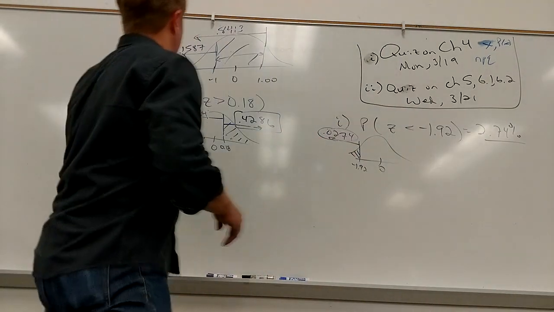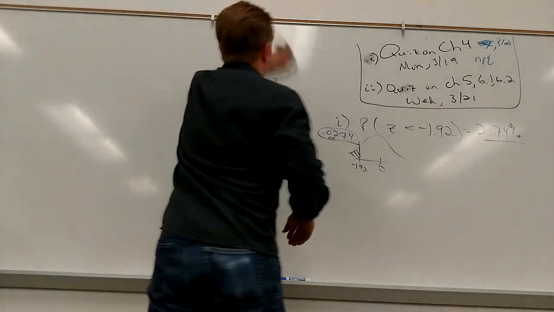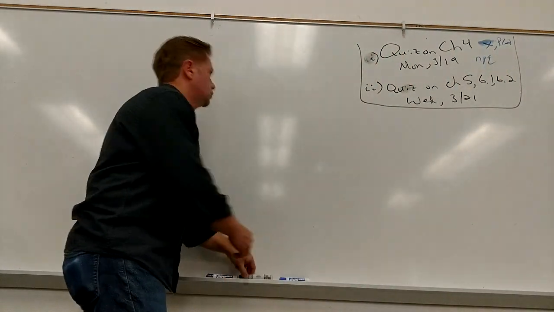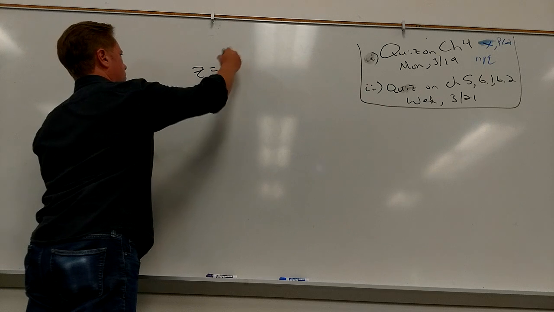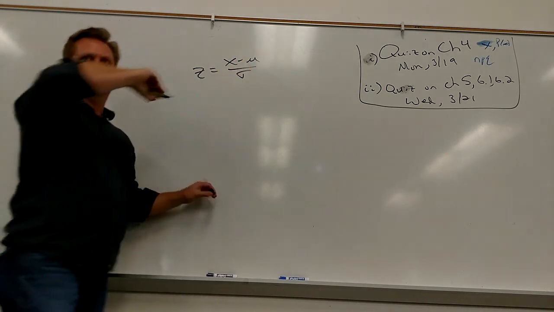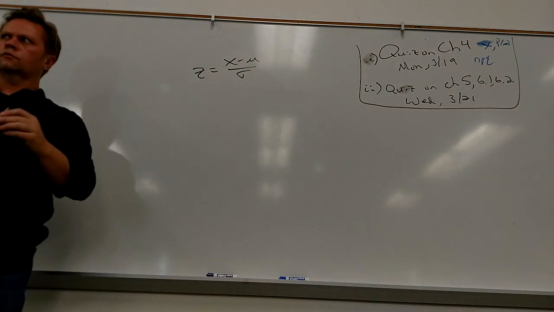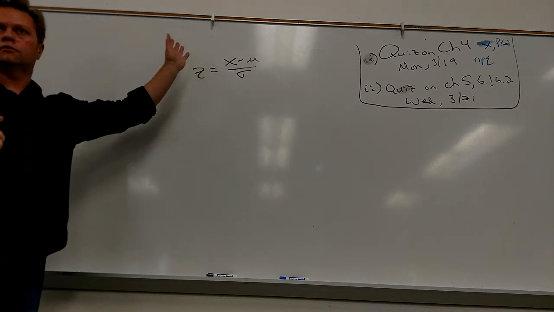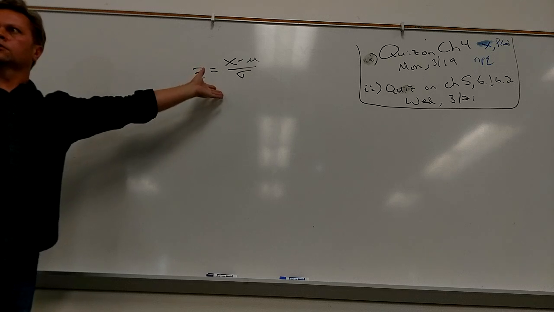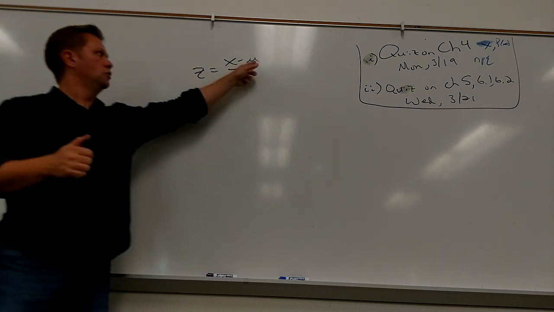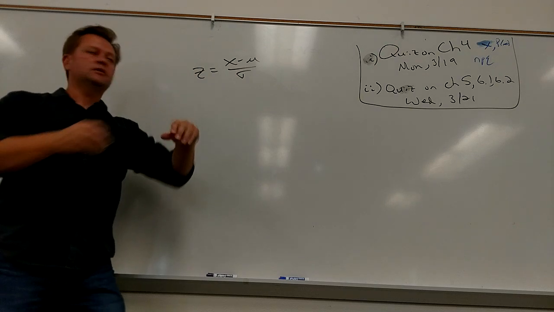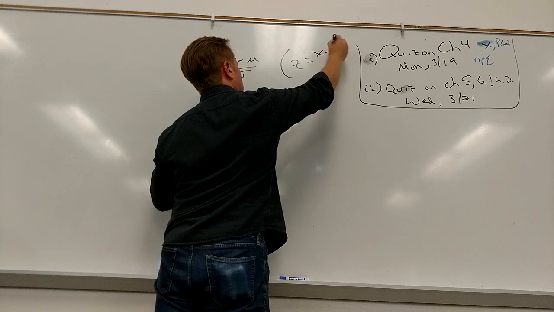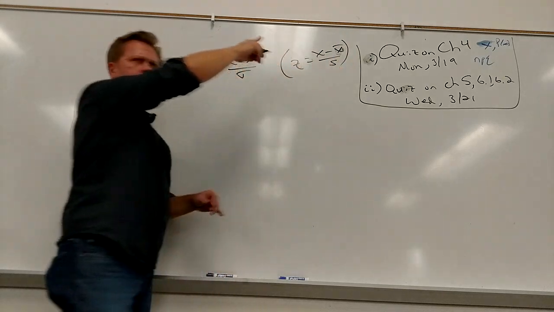To translate what she said into math, what she said is perfect. The z-score formula is x minus the mean divided by the standard deviation. It doesn't change if it's a sample. Why is this one for a population? How can you tell? Yeah, it's got the mu and the sigma, the Greek letters. It's the same formula for a sample. It just uses the right letters, but the idea doesn't change.